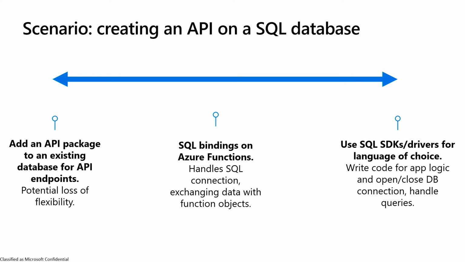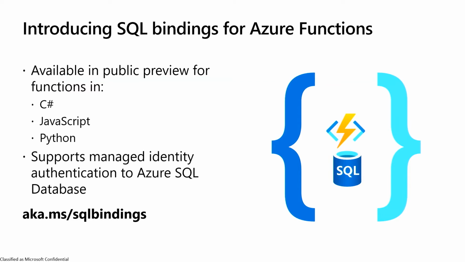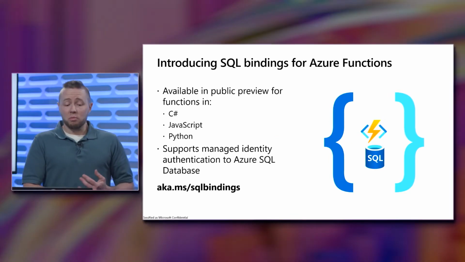You can use SQL bindings with Azure Functions that also have the SQL drivers in them, so you can have some functions with a really high level of customization, while other functions are more efficient to write because of SQL bindings. But SQL bindings are a great way to quickly create APIs on SQL databases, and that's why I'm super excited that we now have public preview for SQL bindings and Azure Functions for C#, JavaScript, and Python.